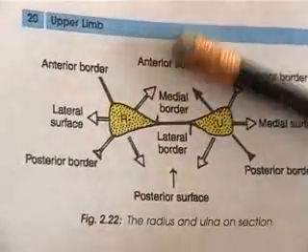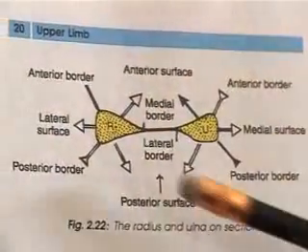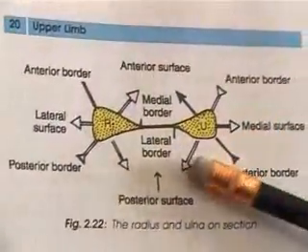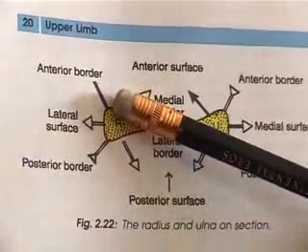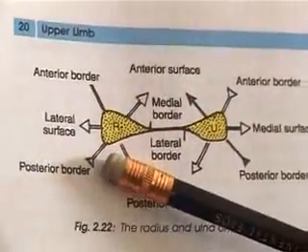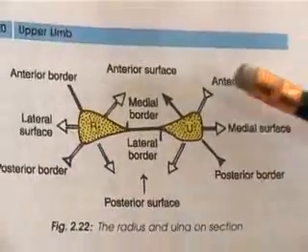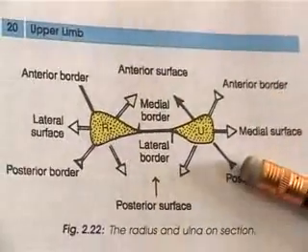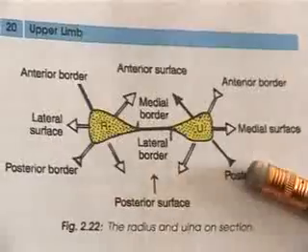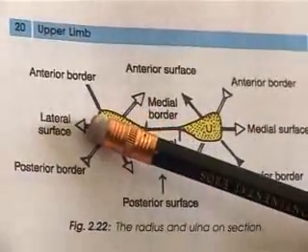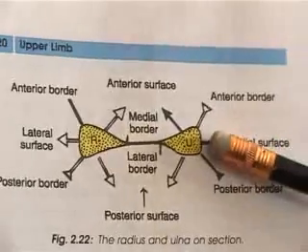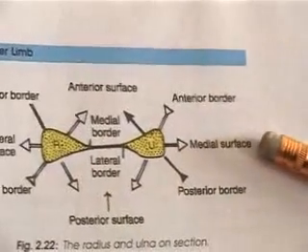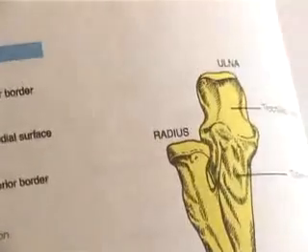The anterior surface of both the bones and the posterior surface of both the bones. Anterior border of radius, posterior border of radius, and anterior and posterior border of ulna. The lateral surface of the radius is lateral and the medial surface, of course, of the ulna is medial.